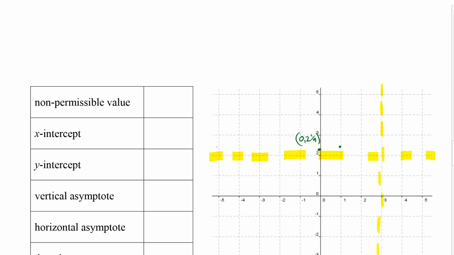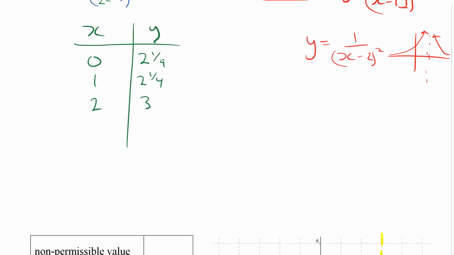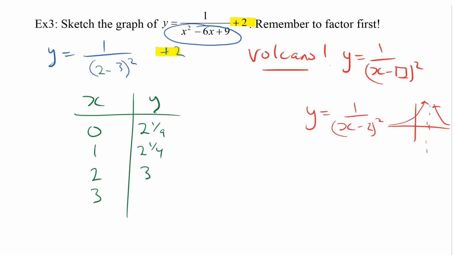When x was equal to 2, then I had 3. What about if I put in x equals 3? Well, if I put in a 3 over here, wait a minute, that was my non-permissible value, because 3 minus 3 is 0, 0 squared, and I have a 0 in the denominator. So this is my undefined value here.